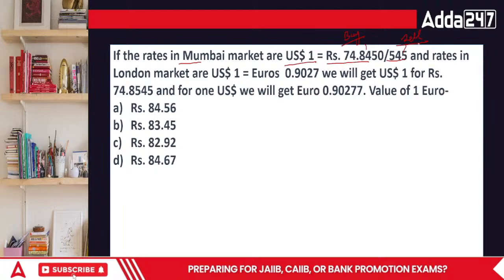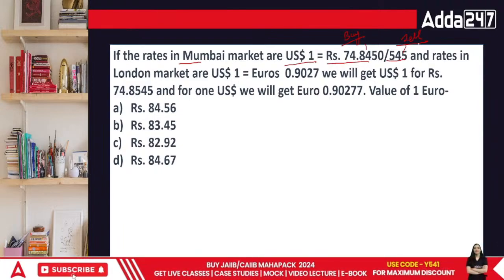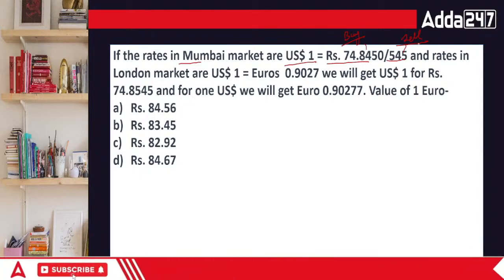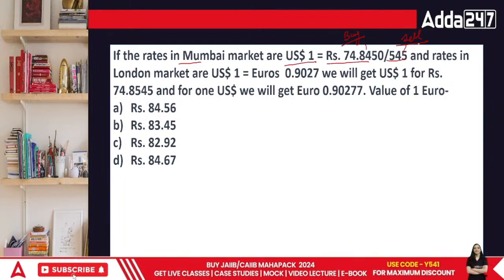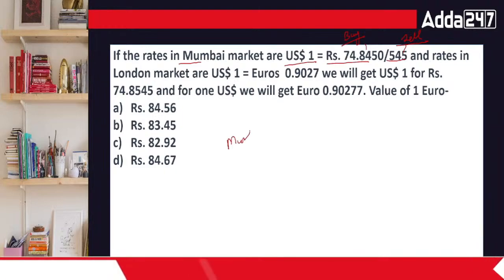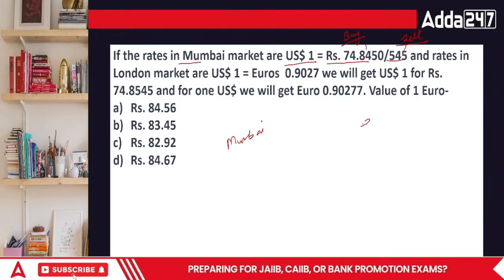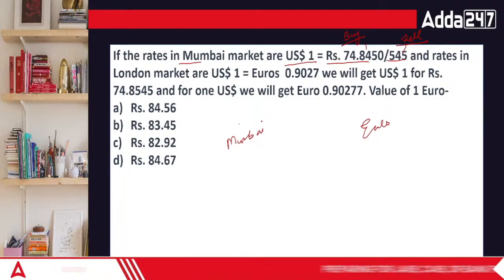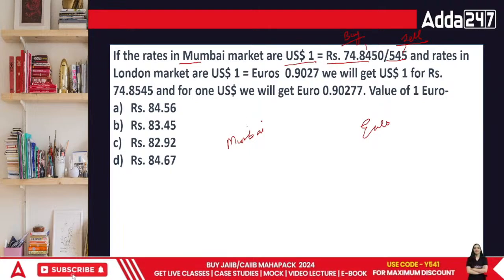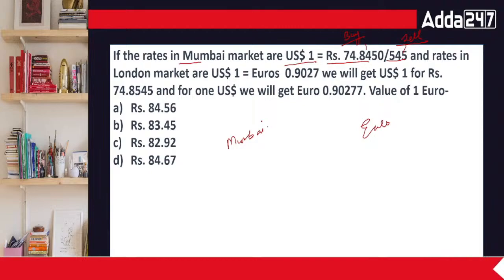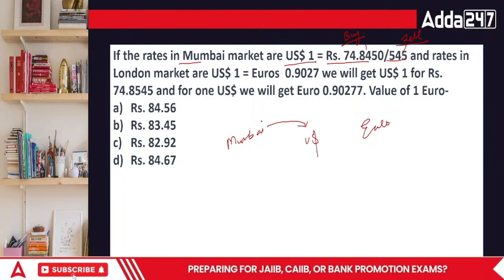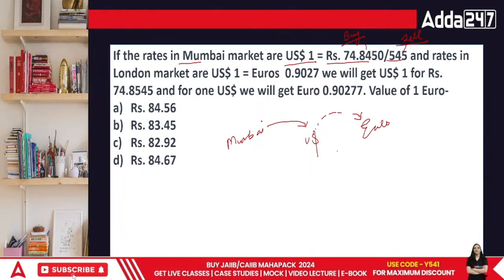If the buying rate of dollars per rupee is given, and the selling rate is also available, then the rates in the London market, that means, I was in Mumbai and I wanted a few euros. So the person actually went from Mumbai to US dollars, and from US dollars to euro. Technically, this is what is happening now.